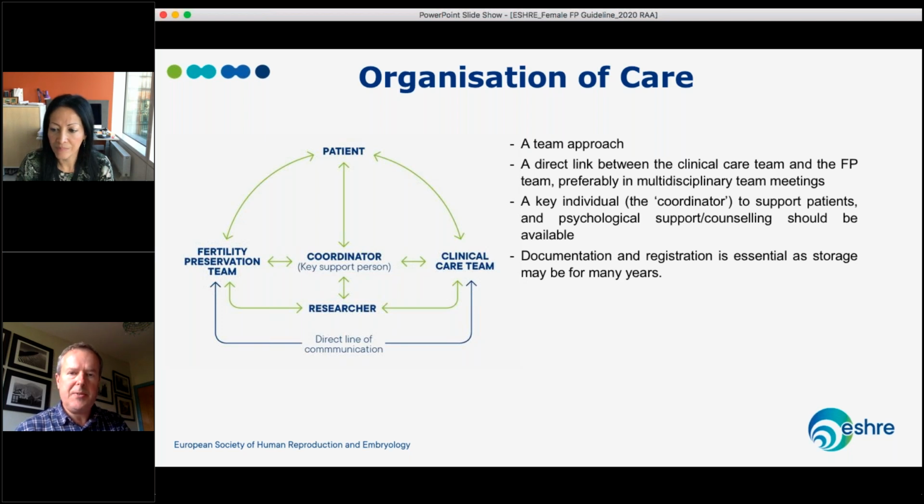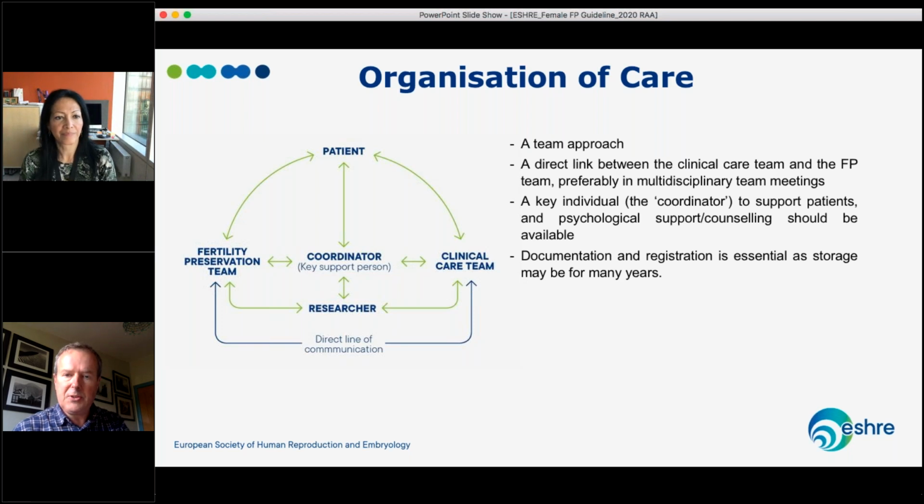The key aspect of that is the need for a team approach. This is a multidisciplinary process. There will be a whole range of different diagnoses and therefore different clinical care groups looking after the patients and referring them into the fertility preservation system. And there needs to be excellent links between these groups.